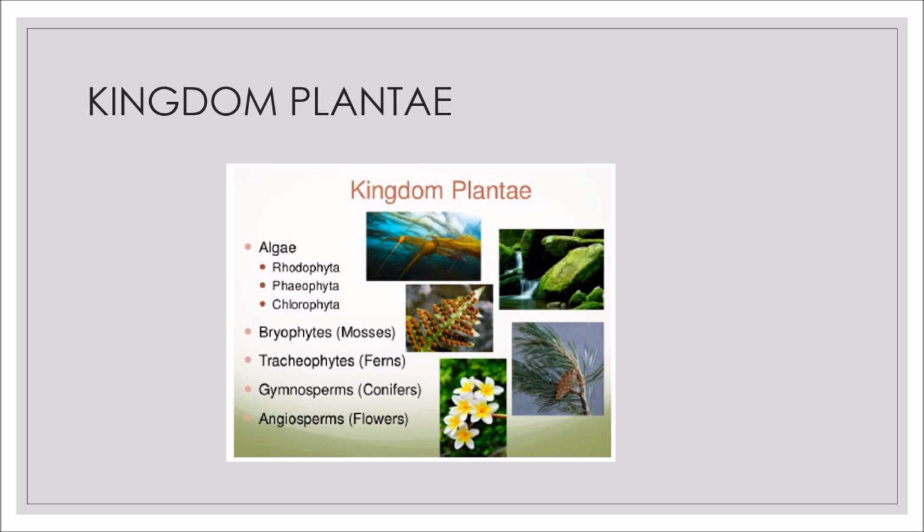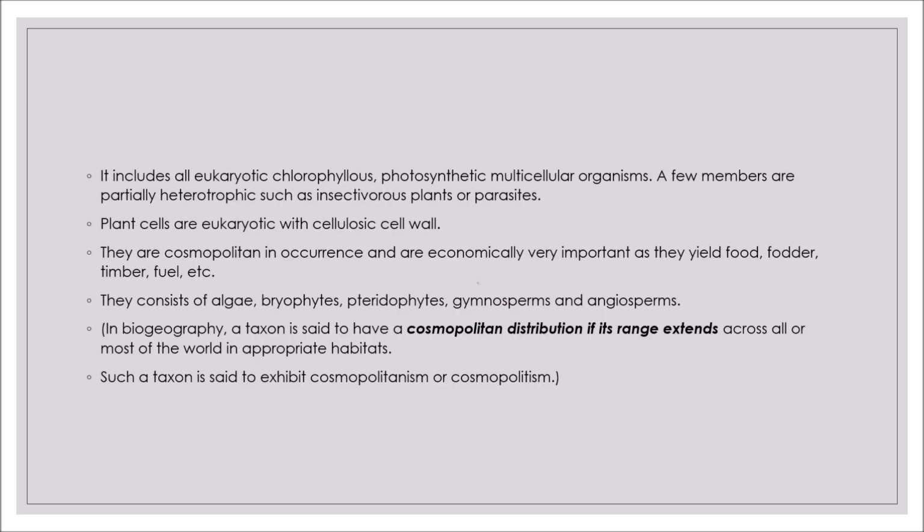This Kingdom Plantae includes all the eukaryotic, chlorophyll-containing, photosynthetic multicellular organisms. Only a few of them are heterotrophic, that is, insectivorous plants or parasites. Insectivorous means that for nitrogen supply they need to capture insects for nutrition.